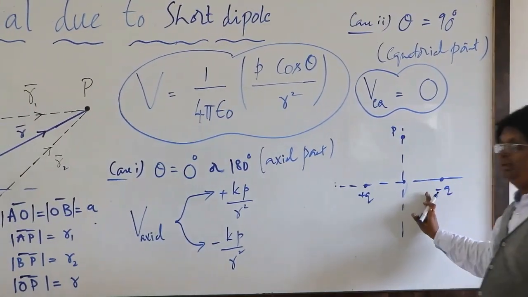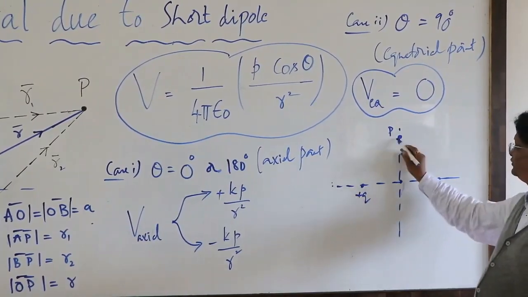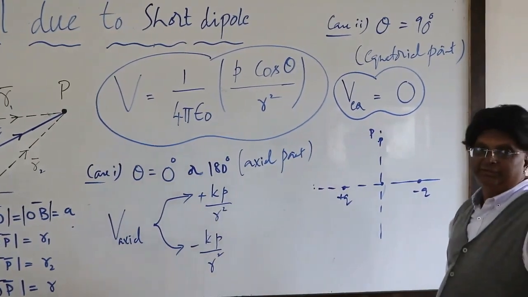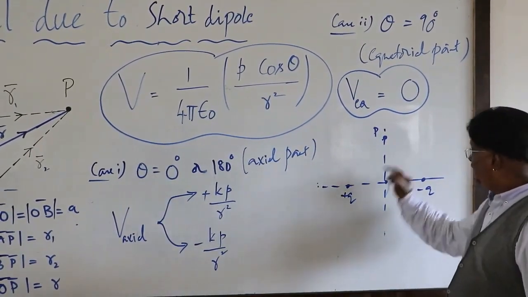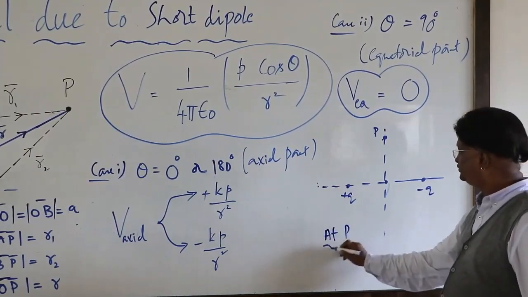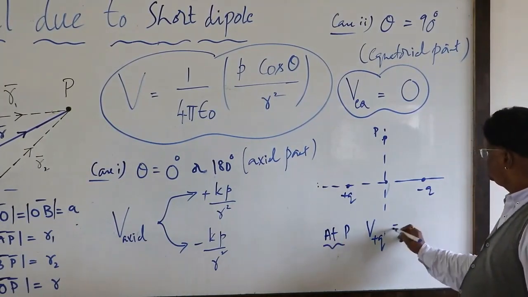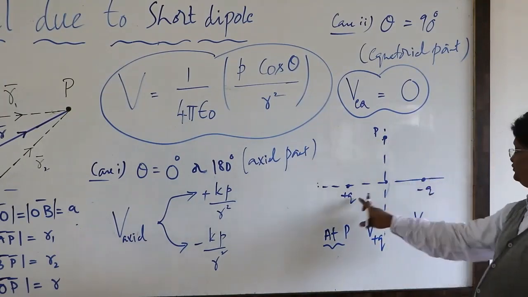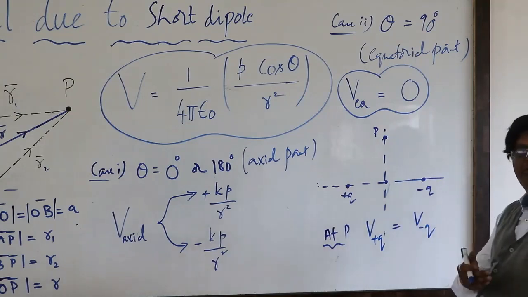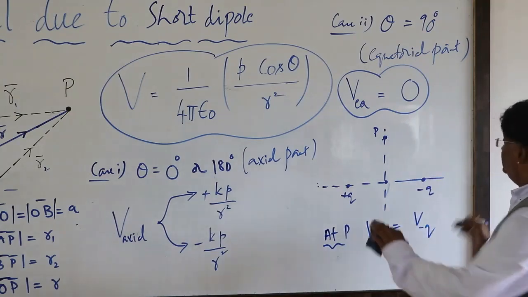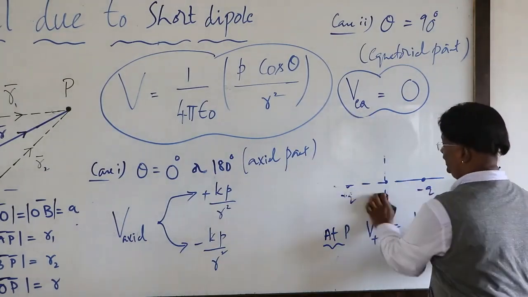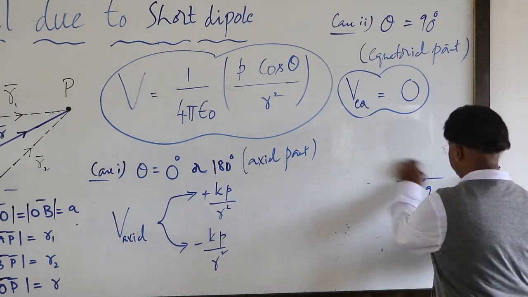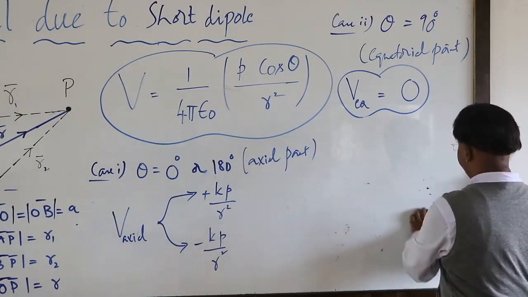Whereas for any equatorial point, the distance from plus q is the same as the distance from minus q, because this is the angular bisector. Therefore, at the point P, V due to the positive charge is equal to V due to the negative charge. Since the potentials due to positive and negative charges are equal, the net potential becomes 0. So net potential at any equatorial point is 0. An important result to be remembered.